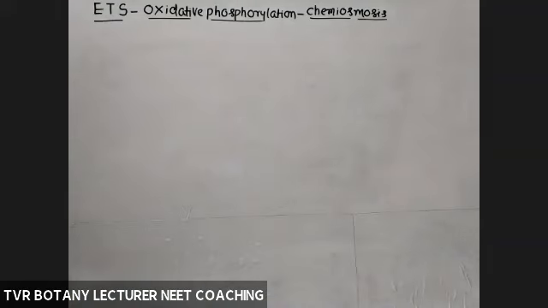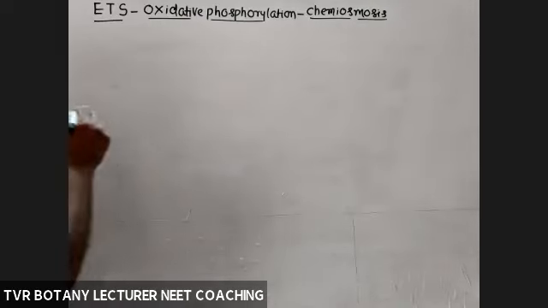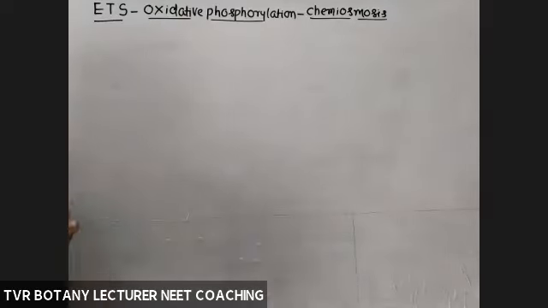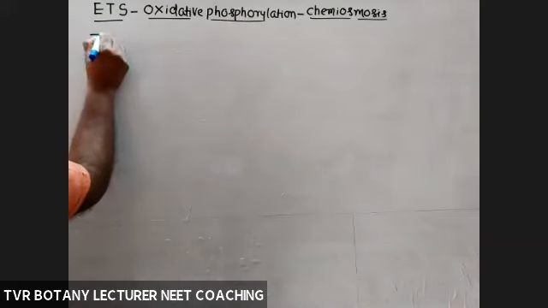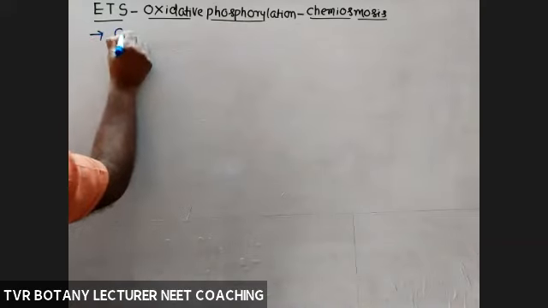So before moving into the mechanism of the electron transport system, a brief note about the number of reduced coenzymes produced out of one glucose molecule is mandatory. Okay. So here, what is the objective of this electron transport system?